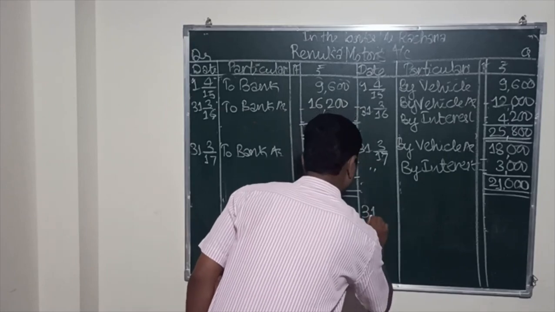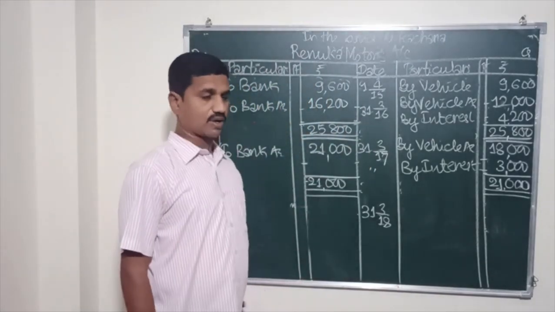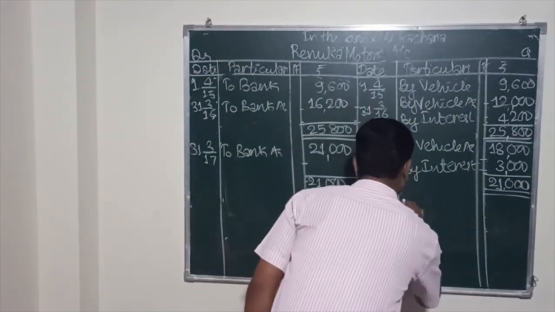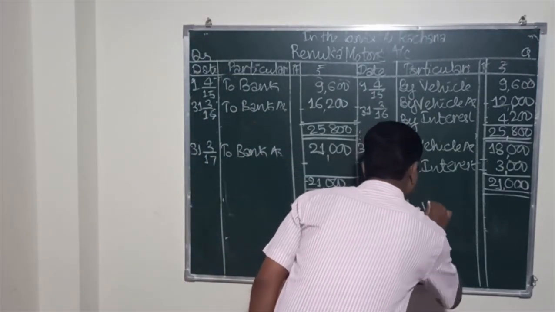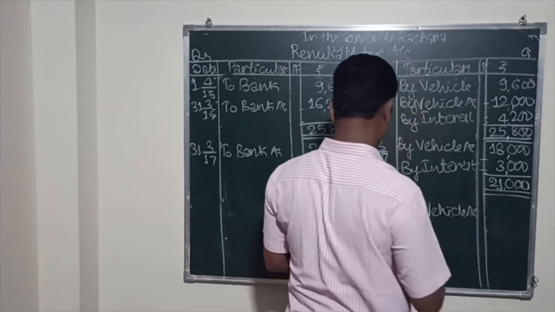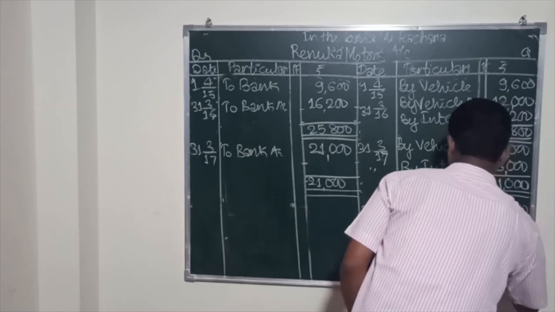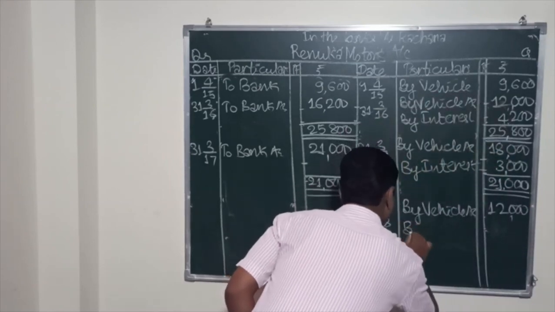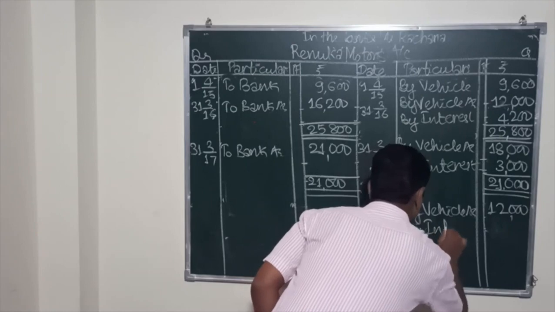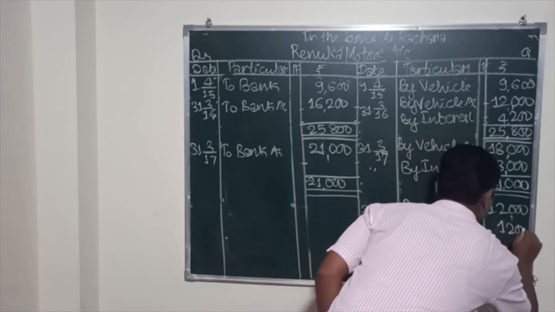When the final installment is due on 31/3/18, then the entry will be the same entry, vehicle account debit, interest account debit to Renuka Motors. So Renuka Motors is credited by vehicle account, it is 12,000. Then on the same day, by interest it is 1,200.